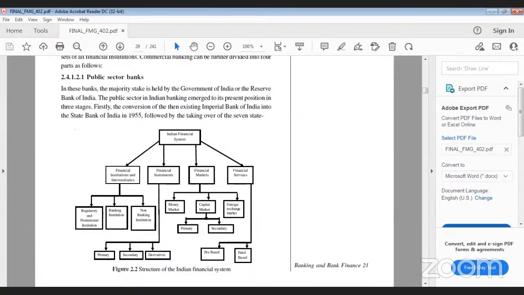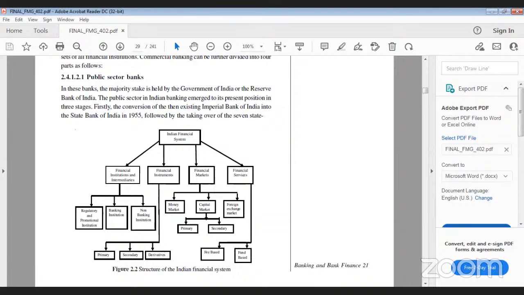In these banks, the majority stake is held by the Government of India and the Reserve Bank of India. Public sector banking in India emerged into its present position in three stages.